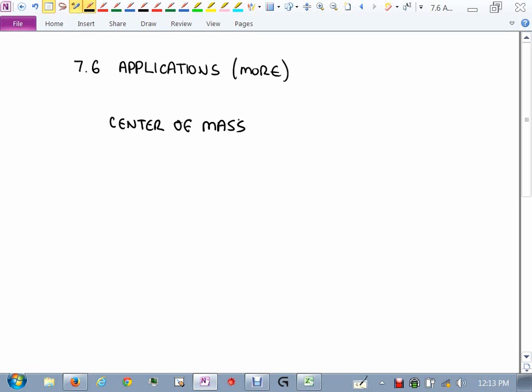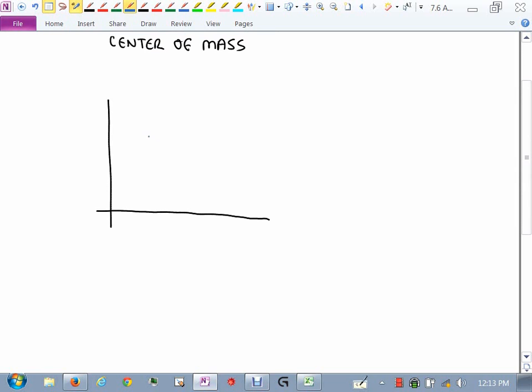All right. So let's say we're given some lamina. So our lamina is going to be this thing right here. I'm going to call it L for lamina.